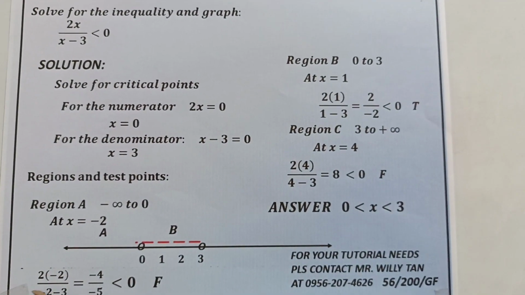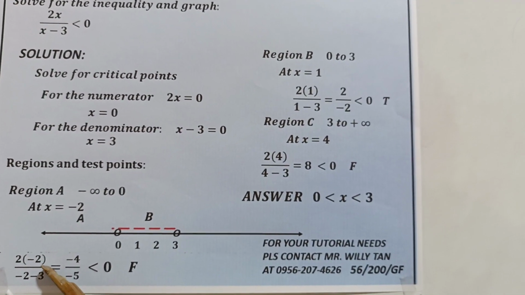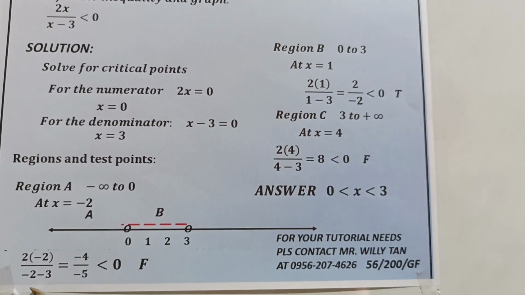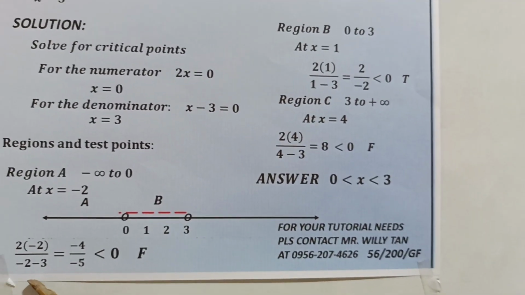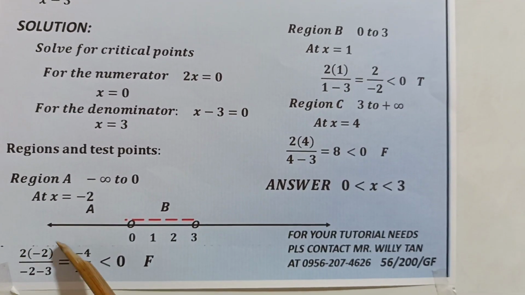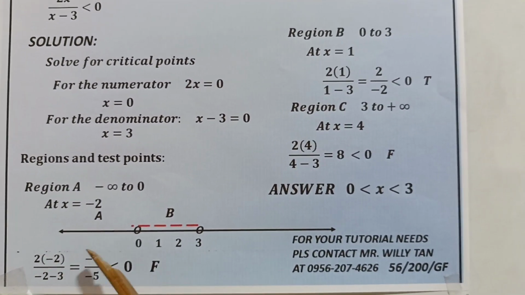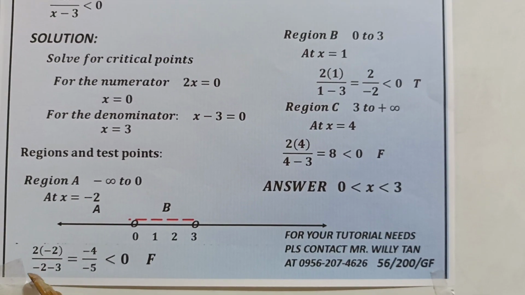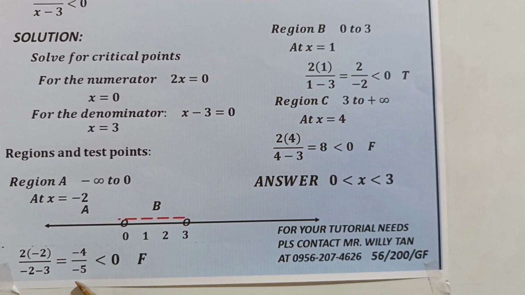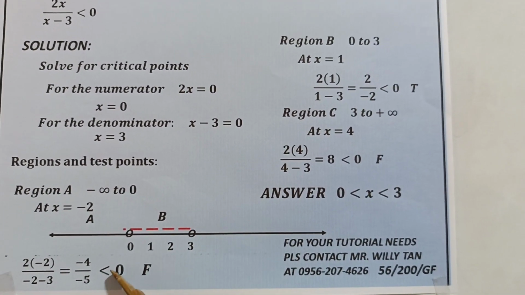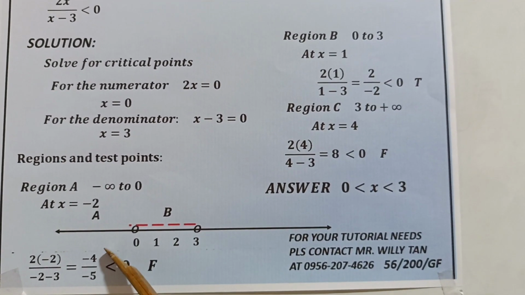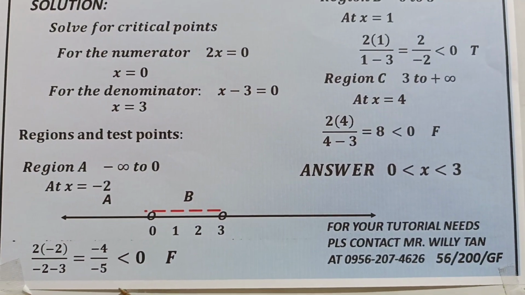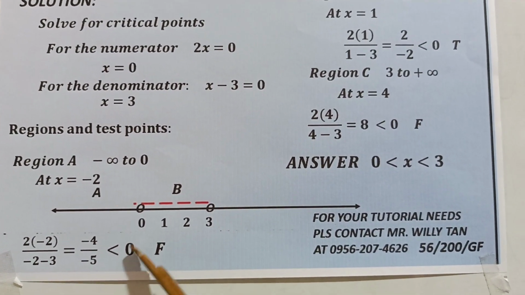So 2 times negative 2 is negative 4, and negative 2 plus negative 3 is negative 5. Negative 4 over negative 5 is equal to 4 over 5. So 4 over 5 is greater than 0.